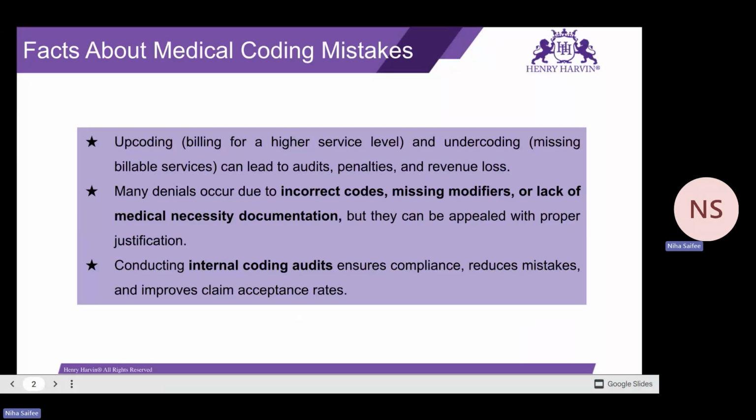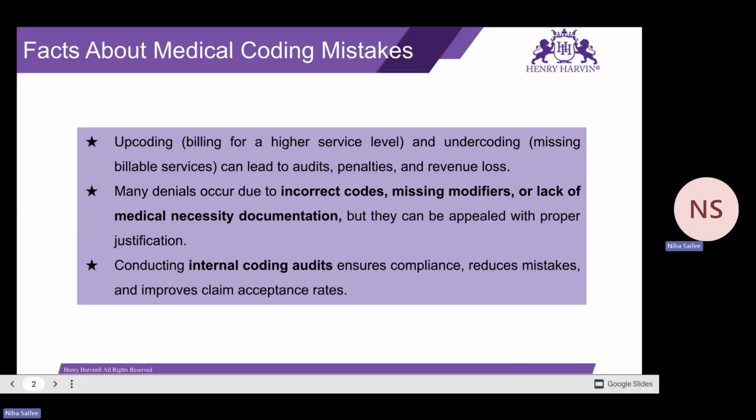Now, what is undercoding? There is a patient who has been given certain procedures. Two or three procedures have been done, but you have failed to catch the third procedure and selected only two. Or there were multiple diagnoses to be coded, and you took only a few and failed to code the rest.